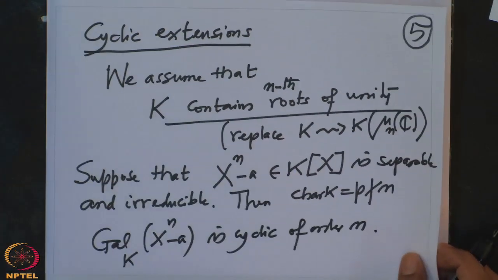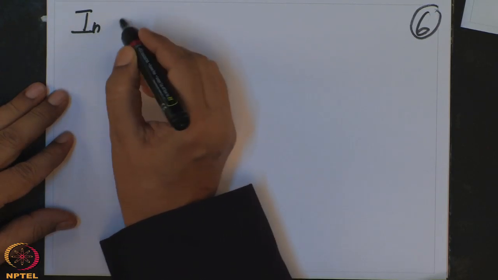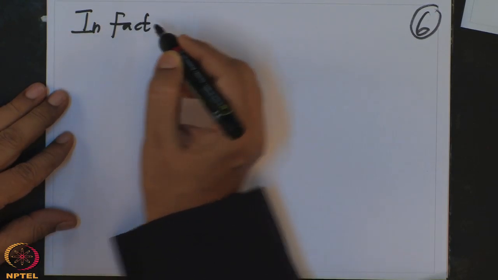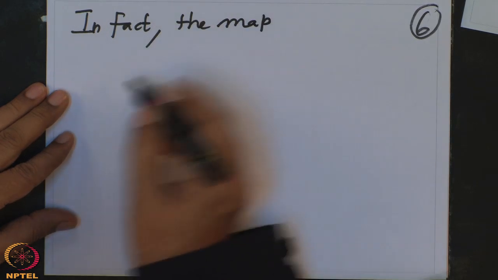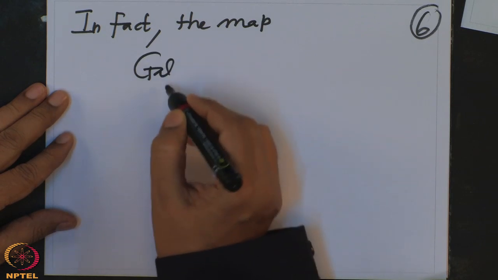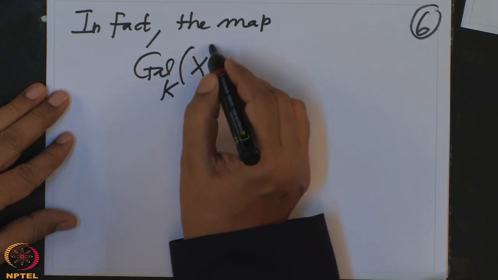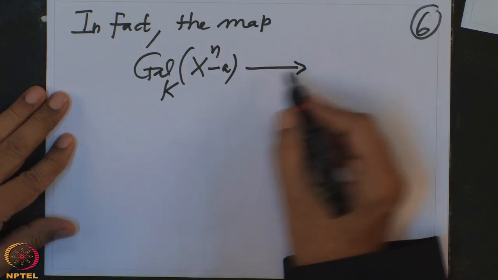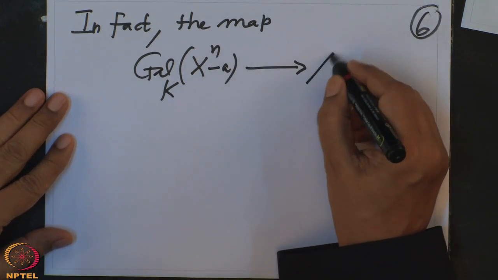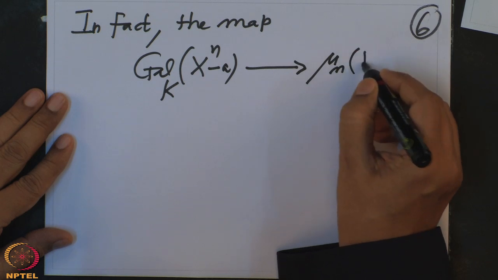In fact, I will give an isomorphism. The map from the Galois group of x^n - a to where? I need a cyclic group of order n, and who can be better than mu_n(K)?